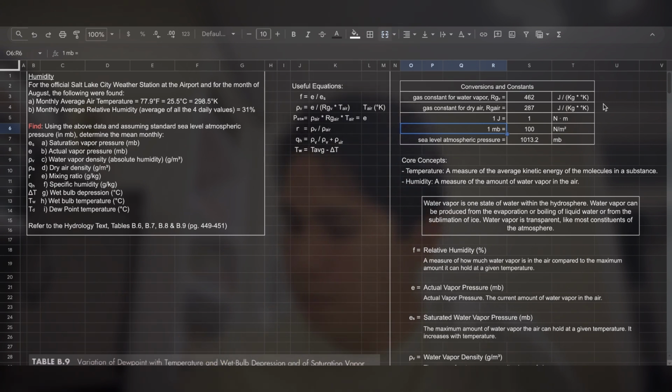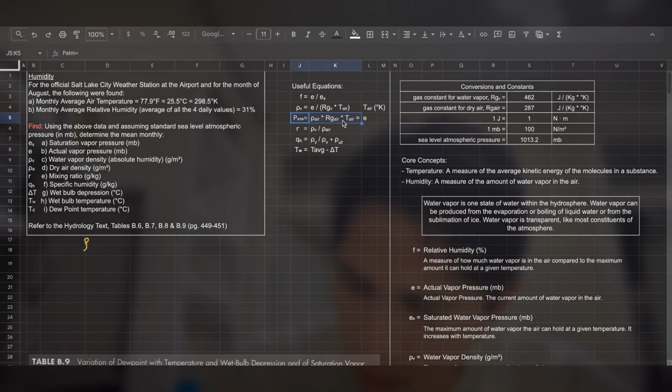Now for part D, we're being asked for the dry air density in grams per cubic meter. So for that equation, we're going to use this one in here, and that would be that the atmospheric pressure equals the air density times R air, that is the gas constant for dry air, and times the temperature of the air.